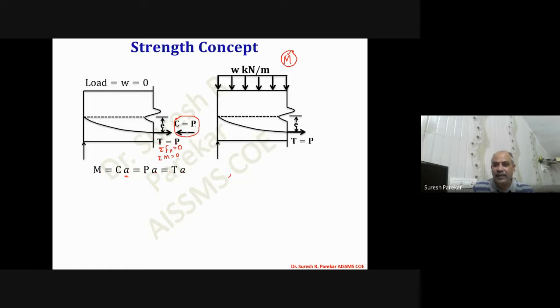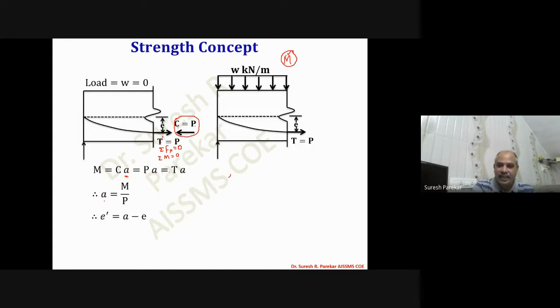This is the thrust line. And then from this we have a equal to M by P, where a is the lever arm between the T line or tendon line and this thrust line, and this is different at different points.